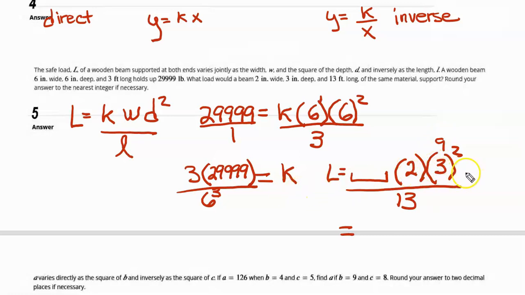And once I get that value, I'm going to divide by 13, and we'll see what I get. Now, I didn't round off here, kept that value, multiplied by 2 times 9, divided by 13, got this, and then rounded to the nearest whole integer, and I got this. Okay. And that answer seems reasonable.